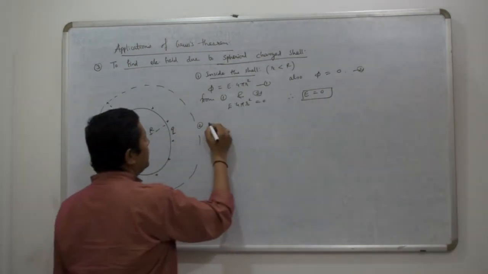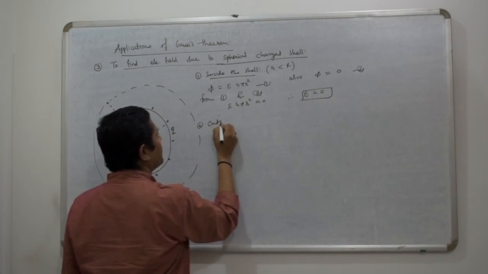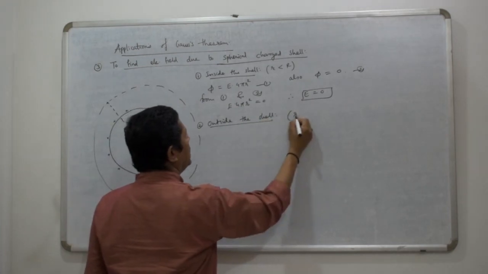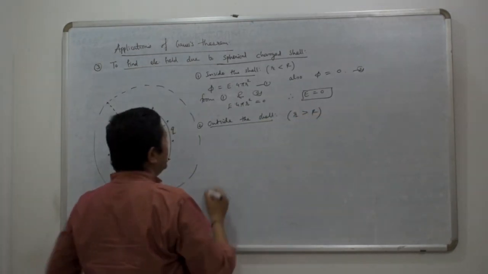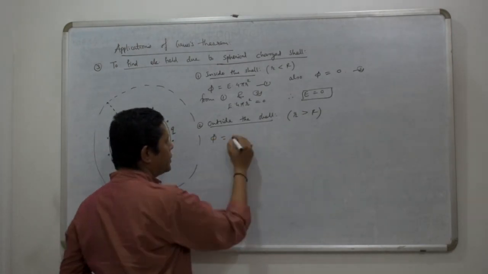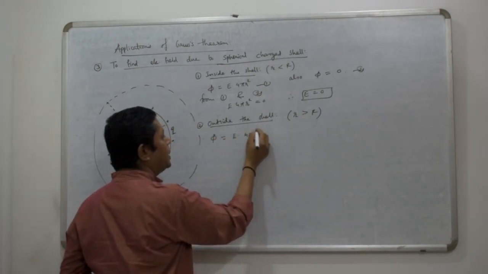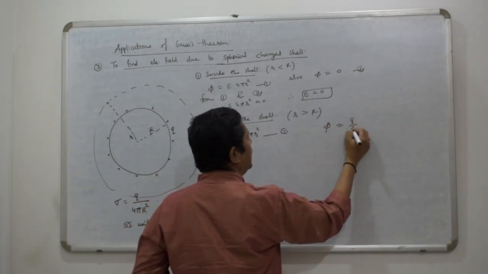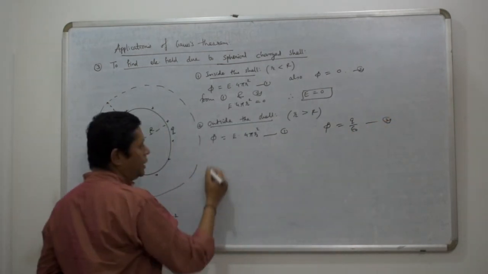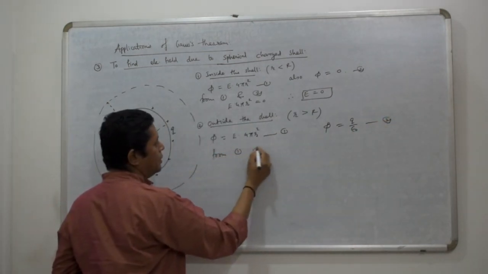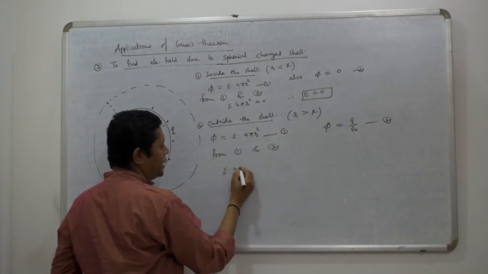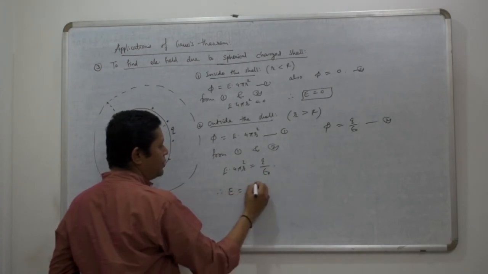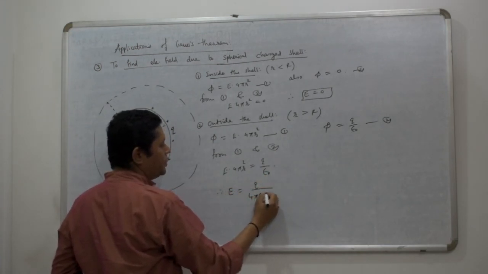So if the point is outside the shell, the condition is r is greater than R. In that case, according to the definition of flux, E into 4 pi r square is the flux, and according to Gauss theorem, flux phi is Q by epsilon 0. Equating these two, E into 4 pi r square is equal to Q by epsilon 0, and therefore E is equal to Q upon 4 pi epsilon 0 r square.